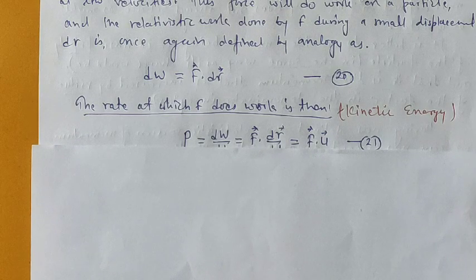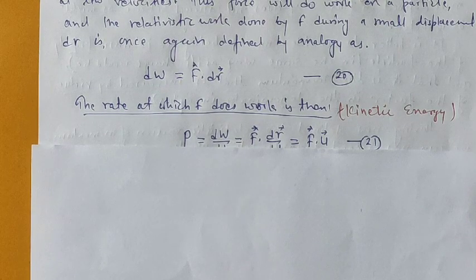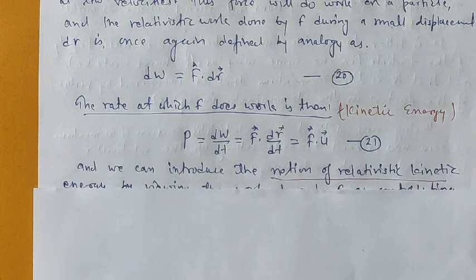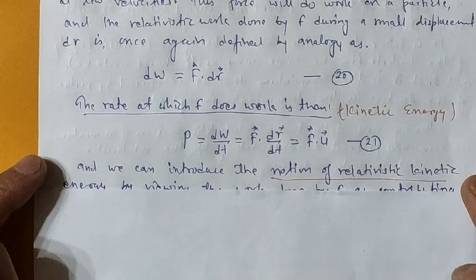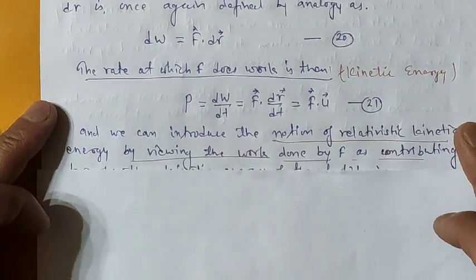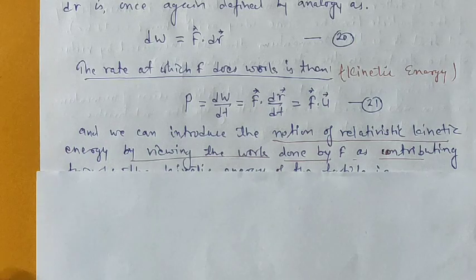The rate at which F does work is then defined as the parameter P equal to dW by dt, which is F dot dr by dt, and dr by dt is simply the velocity.